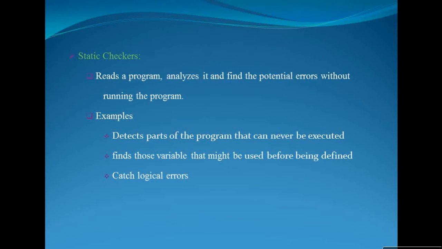Examples: it detects parts of a program that can never be executed, finds variables that may be used before being defined, and catches some of the logical errors before the runtime of a program. So a static checker is mainly for finding potential errors before running a program.